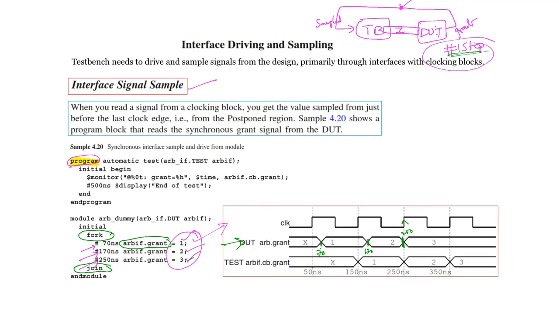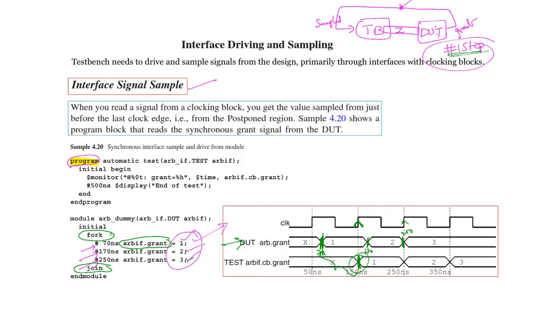So even if the DUT signal changes at 70 nanoseconds, the test bench is only going to see the effect from the next clock cycle, the next positive edge. This is the difference from the preponed region to the postponed region.